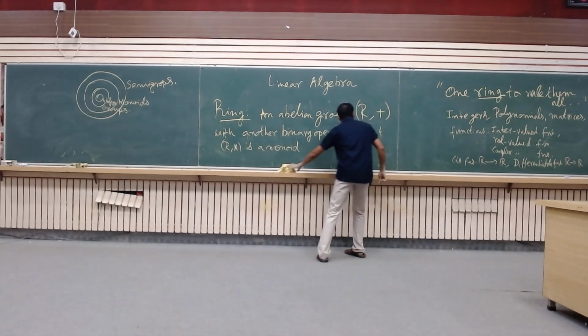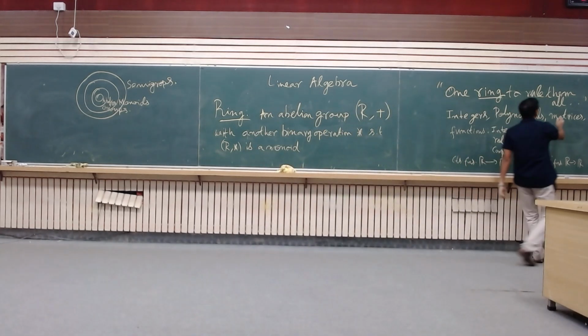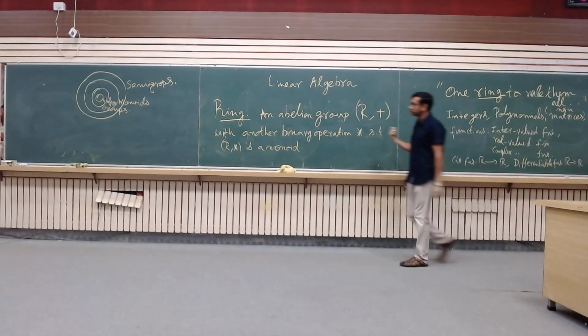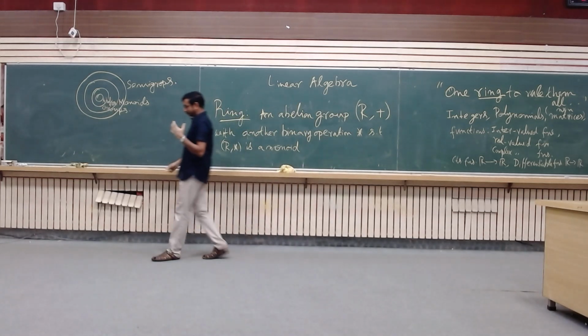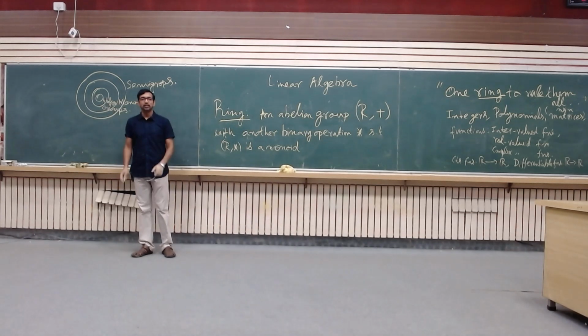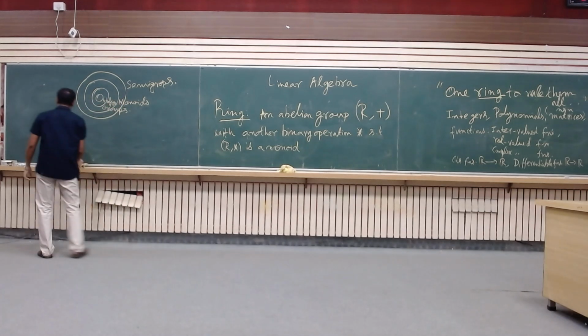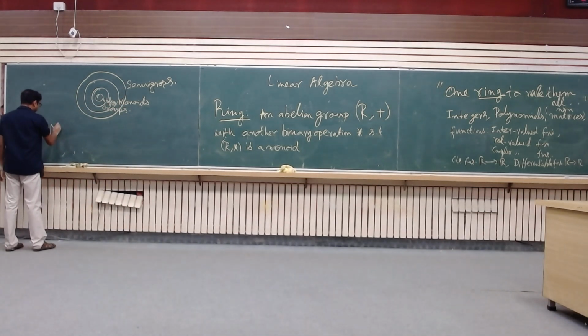So n cross n matrices here. Because we are saying that we also have multiplication on this. Now, if you take rectangular matrices of unequal dimensions, you cannot multiply them. You can of course add them, but not multiply them. So for matrices, let's introduce these two notations.